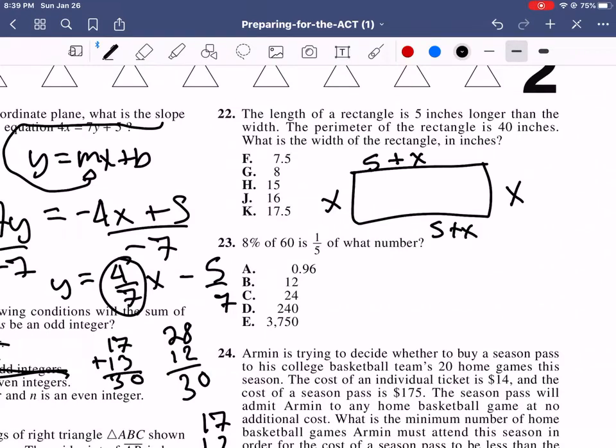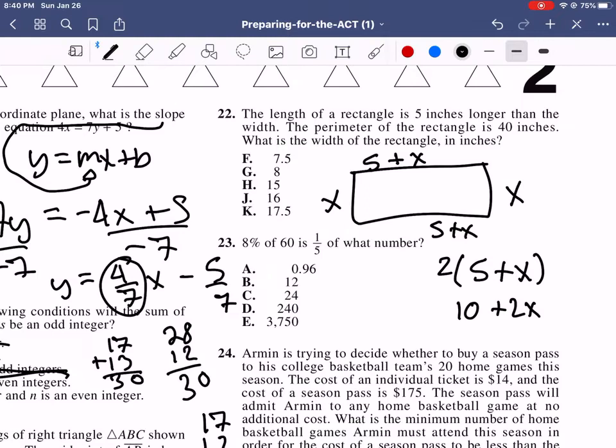The first thing I'd do would be knowing that 5 plus x is counted twice when you're adding the perimeter, so you would multiply it by 2. 10 plus 2x.